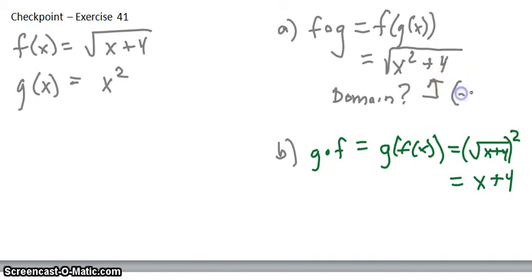So the domain is going to be all real numbers. It's all real numbers because you're not going to run into an issue with this because we didn't simplify anything. This is what it looks like. We didn't cancel anything out, and squaring a number is going to make everything positive.